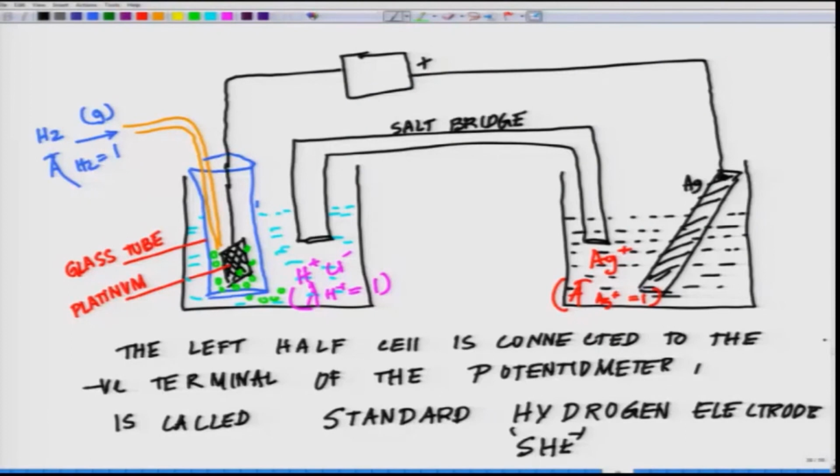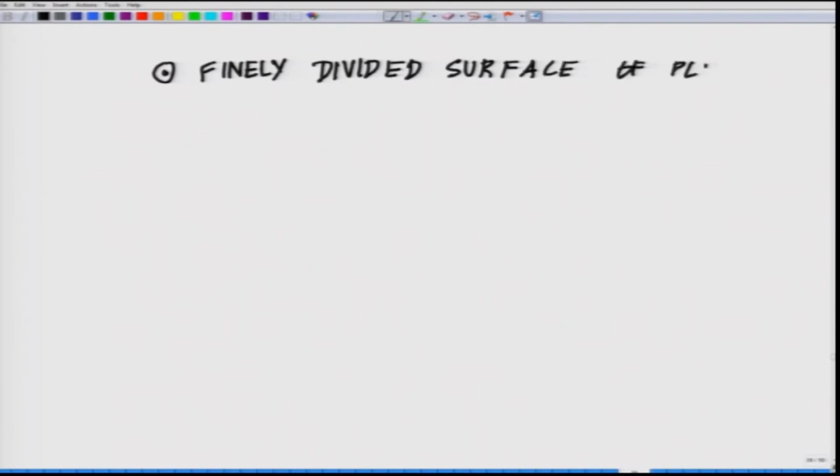Now, let us talk a little bit about SHE first. What is this whole platinum thing? There are 3 points I want you to remember. Point 1: a finely divided surface of platinum electrode.